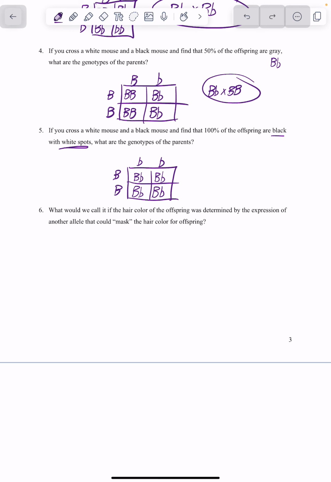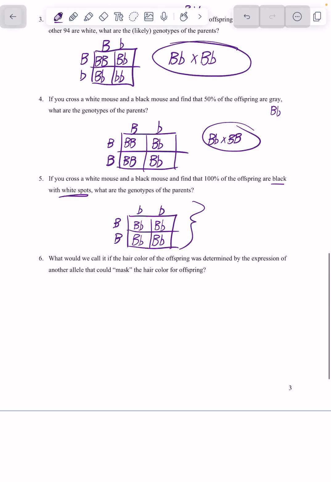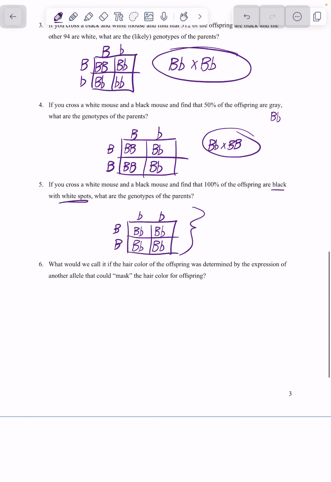Now, remember, for things that are codominant, I should have done that up here too. I should have done that here. Let's go ahead and change that so that we can be more accurate. Remember, if one thing is not completely dominant to the other, this is how we designate it. So we'll say F for fur color.